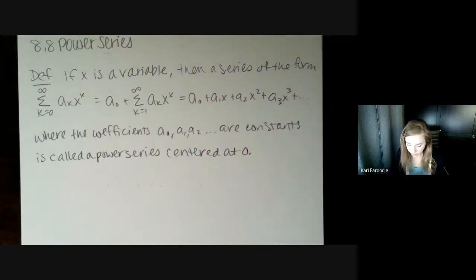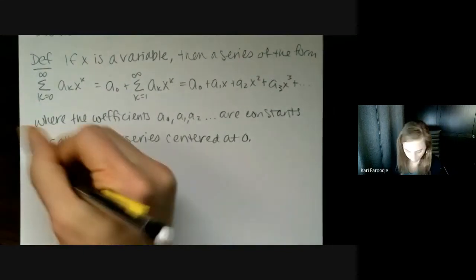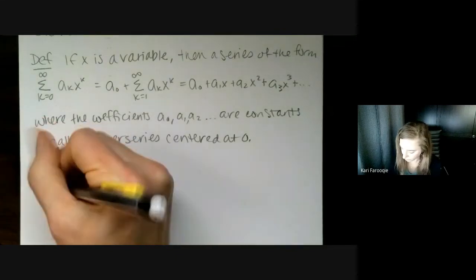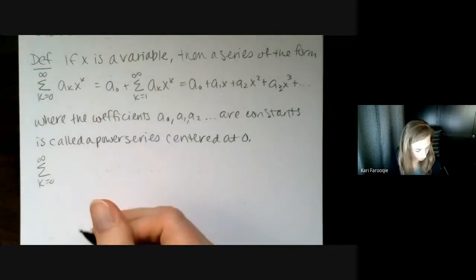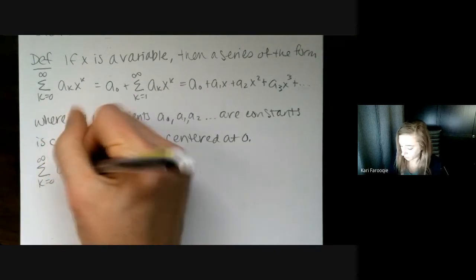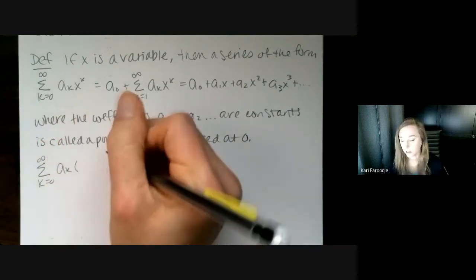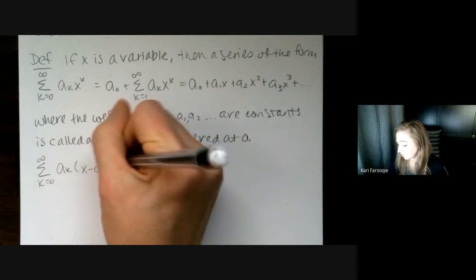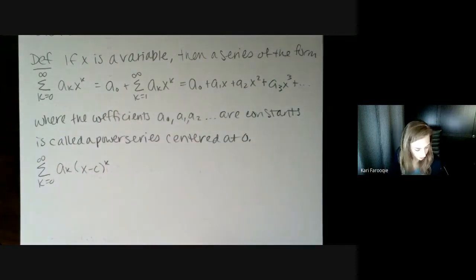It doesn't have to be centered at 0. I'll give you a second part of this definition, and that one moves the center of the power series over, but you're going to be working on them the same way. If you have a series from 0 to infinity of a sub k, and then this time instead of x to the k, you have x minus c to the k, this is called a power series centered at c.